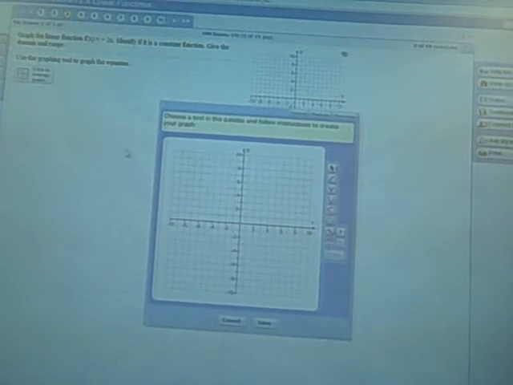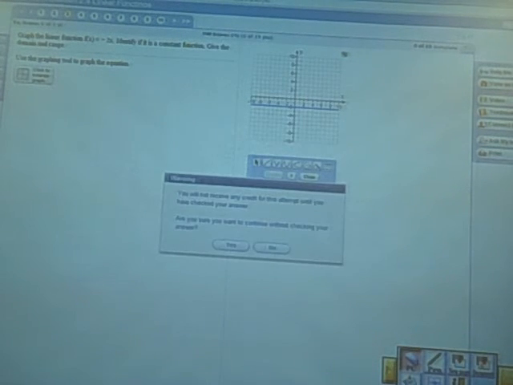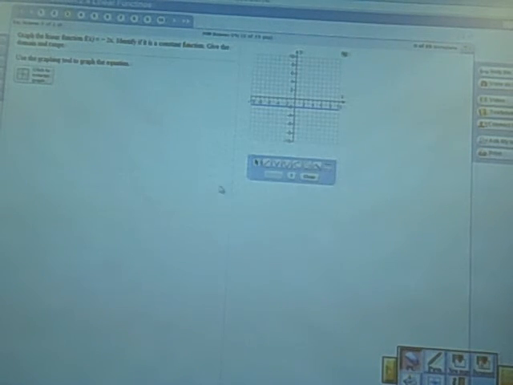And then we click the line because we're graphing a linear equation, f(x) = -2x. So you click one point, and then you go across and click another point, and there you go. And then you save it. Okay, we're in preview mode. All right, questions with that?